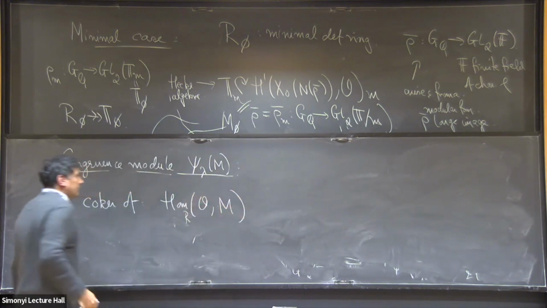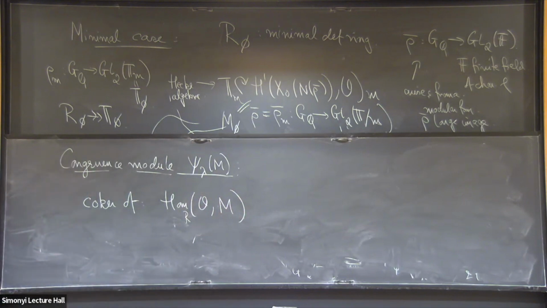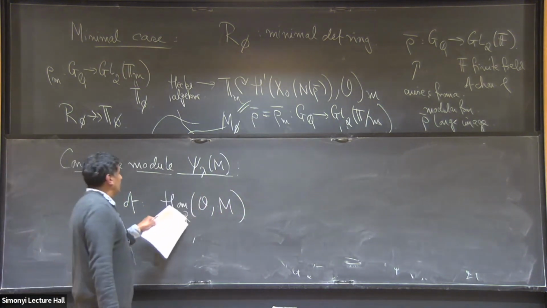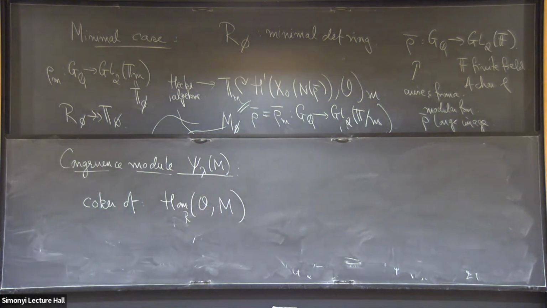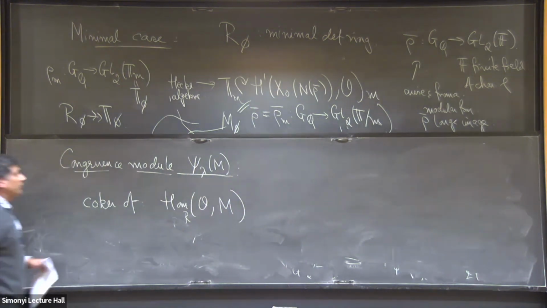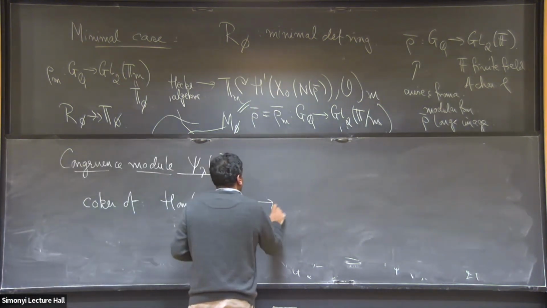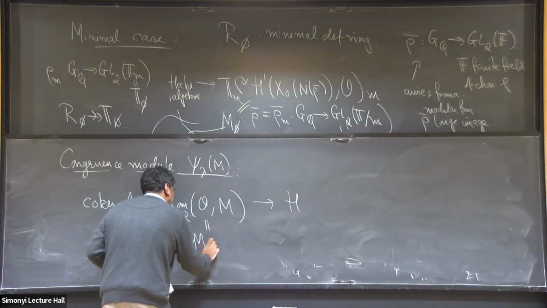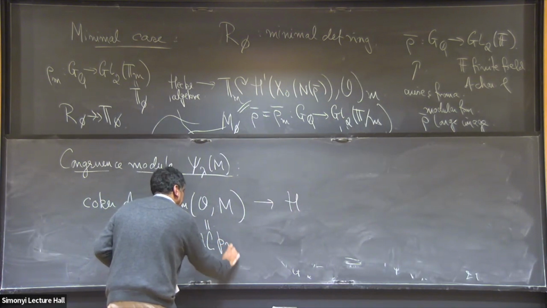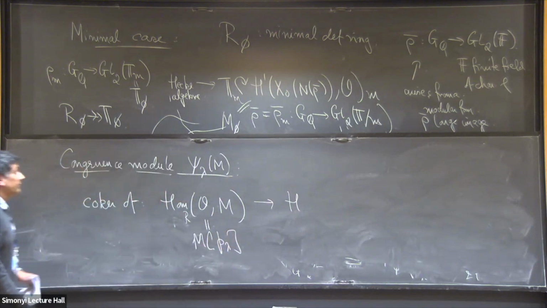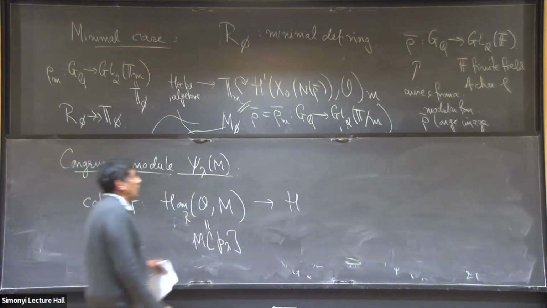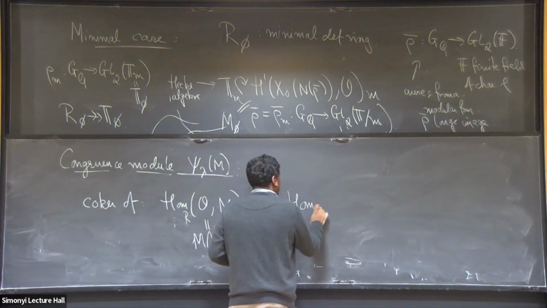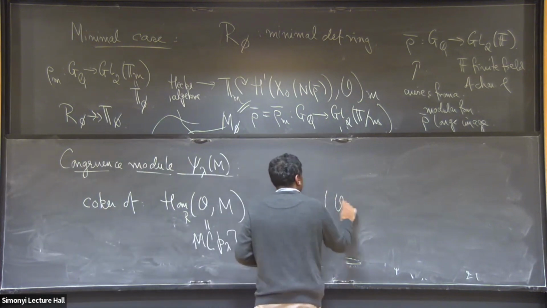Of course, O is viewed as R mod P lambda, via this augmentation lambda from R to O. So this is just the part of M which is killed by the kernel of lambda. And on the other hand, you go to Hom_R(O, M) tensor O.